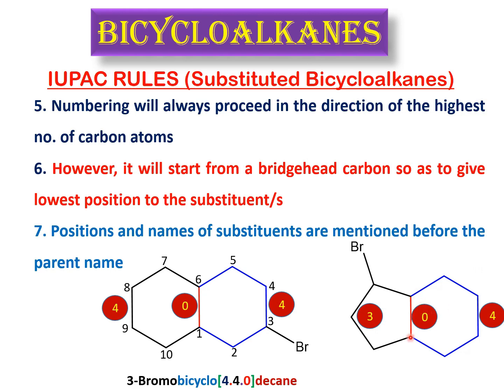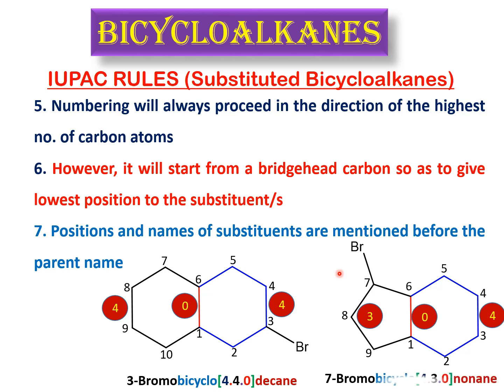So in any case, you have to move in the direction where the number of carbon atoms is the highest, right? So from here, bromine falls at 9, because from here you will proceed in this direction. But if you start from here and proceed in this direction, then bromine falls at 7. So 7 is the lowest position that could be assigned. So you start from here and then bromine falls at 7.